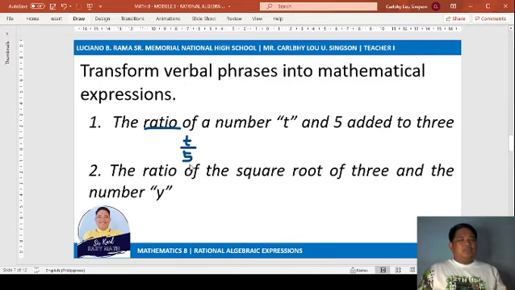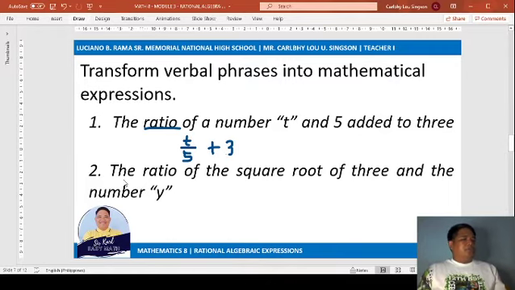So again, when we talk about the ratio, we can make that into fraction form like t over 5. Added to 3, so just add 3 there. Or 3 plus t over 5. It can be also, okay? Anyways, we have the commutative property for addition.